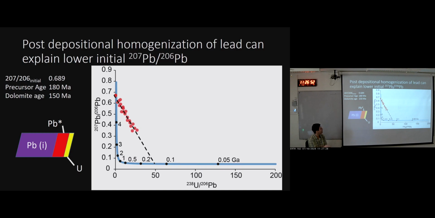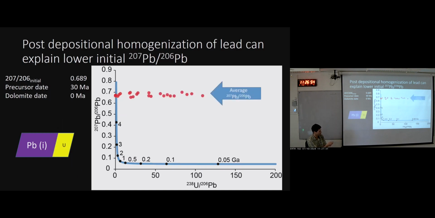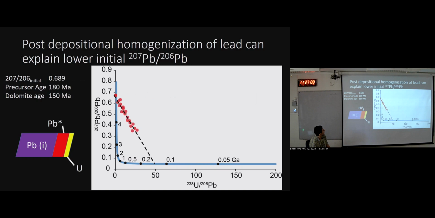So in this process, during the homogenization, we get a new initial, but also reset the age to 0, right? This will intercept the Concordia at infinity, which is equivalent to an age of 0. So now we go and measure this dolomite, and we end up with an age that is too young, right? It's 150 million years instead of 180.